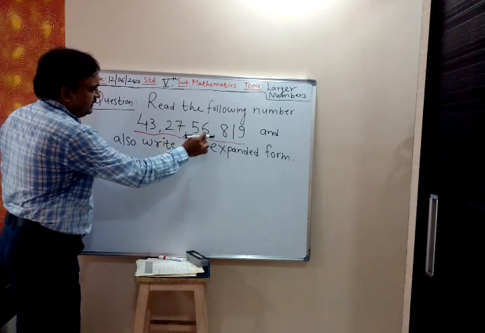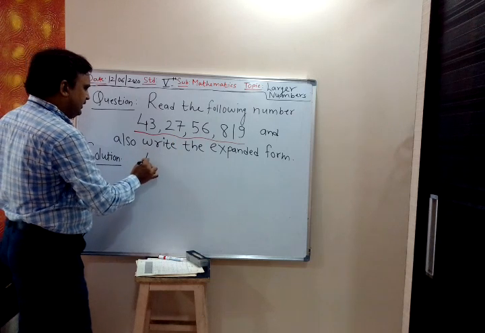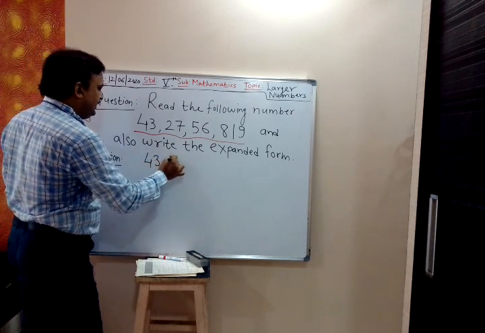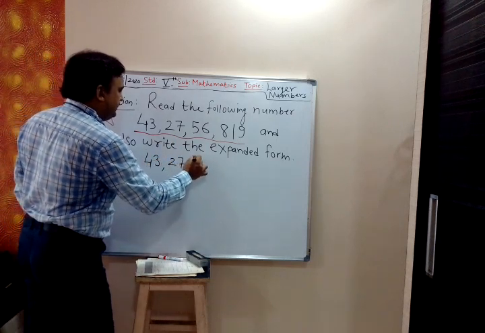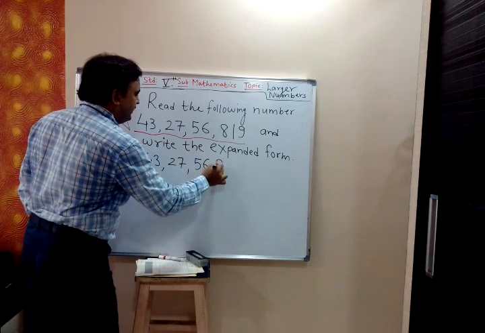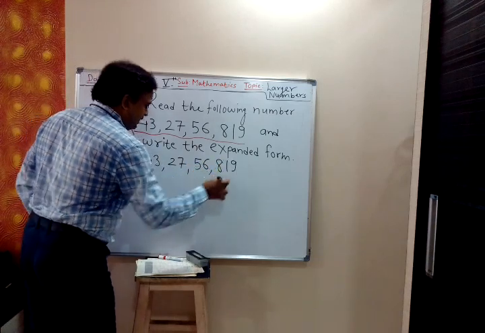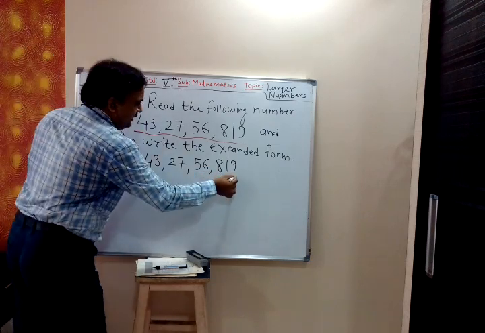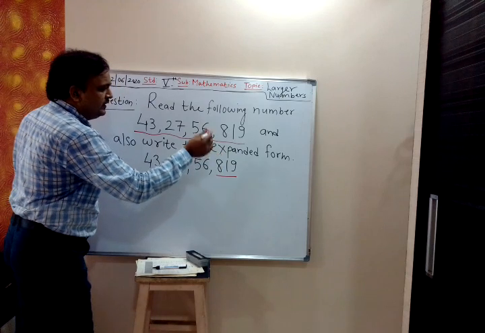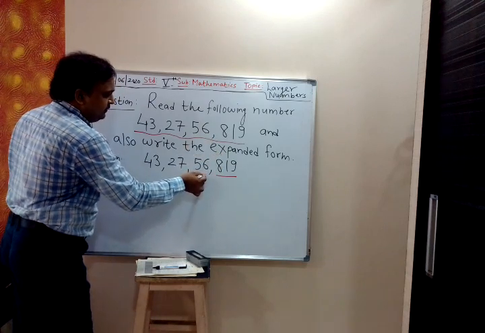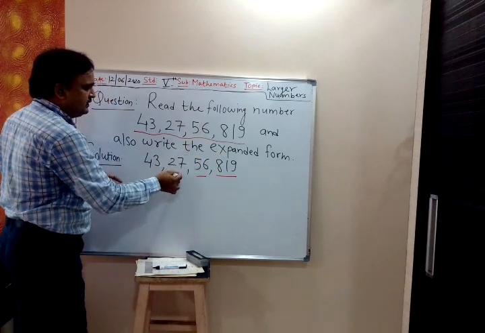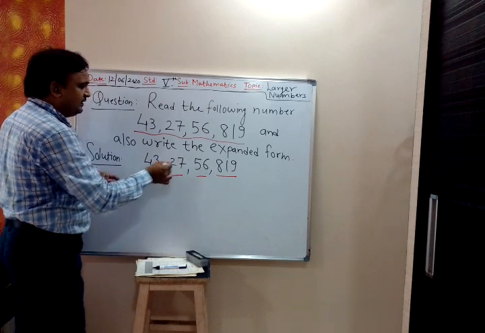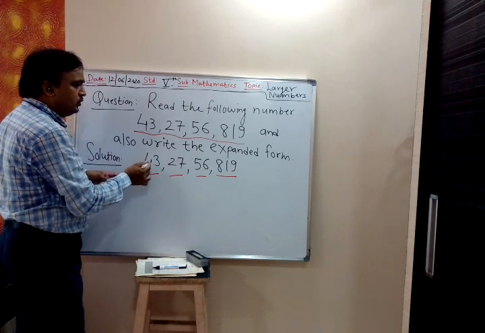43,27,56,819. Let me explain if you want. This number is divided into 4 groups. 819 is the group of ones, 56 the group of thousands, 27 the group of lakhs, and 43 crores.